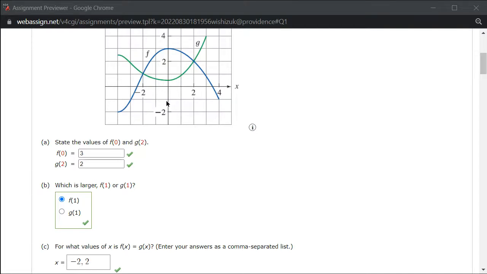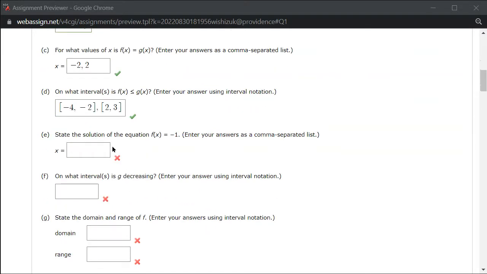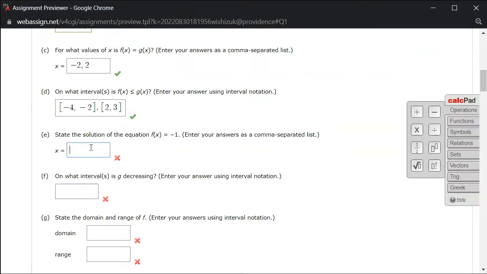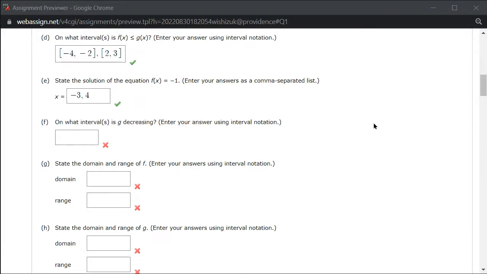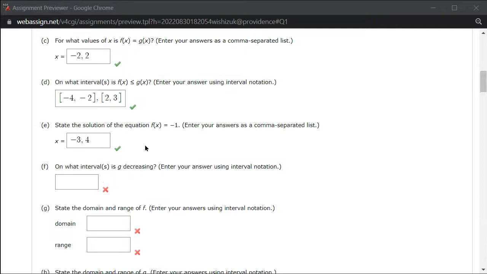Also, if you go to the right, you can see that at 4 the graph is there too. So -3 and also +4 are the solutions. So -3, comma, +4. Let's check the answer. I came back and it looks like we got part E correct.